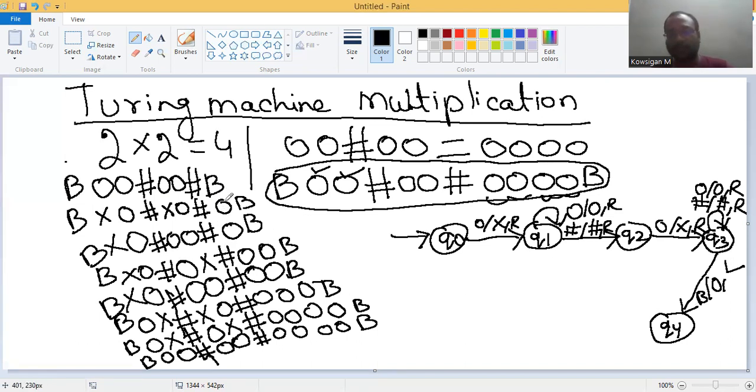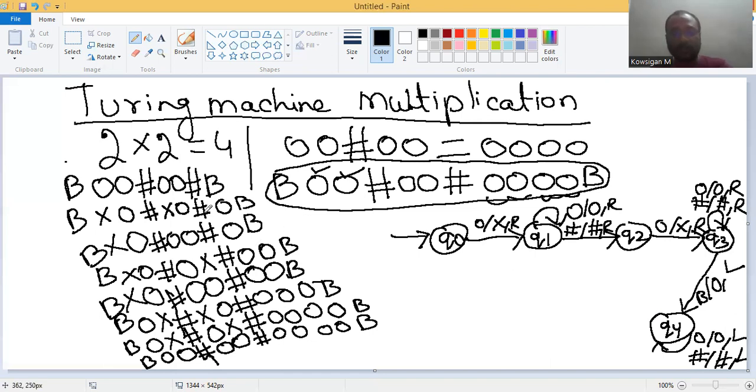Again, after replacing this blank with 0, move to the left hand side until you are reaching the first x. Till then, mention it as the same: 0 is mentioned as 0, move to the left hand side, and hash will be mentioned as hash and move to the left hand side. Now after moving to the left hand side, you will have the x here.